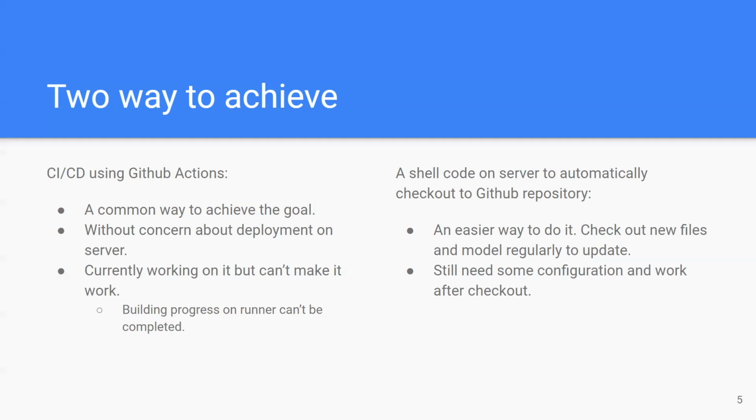We just need to pull the code, the model, and everything we need to the server, and then start a container and run it manually. So it will take some work after we check out the model and the files to deploy. That will be manual deployment.